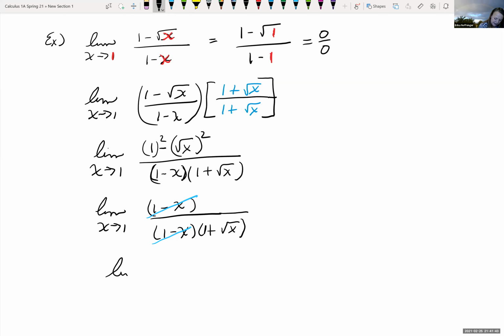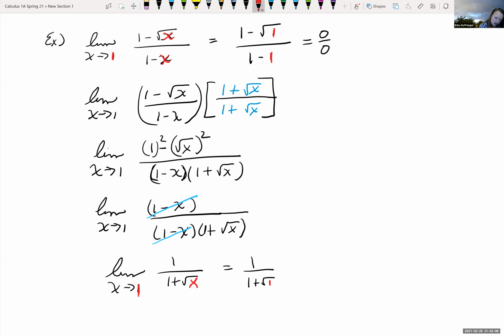We have the limit as x approaches 1, our numerator is 1, all over 1 plus the square root of x. So now when we do direct substitution, we get 1 over 1 plus the square root of 1.